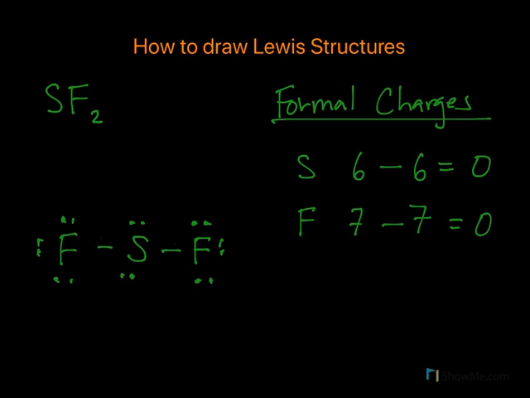Okay, so now remember, taking a more detailed look at this, in each of these bonds there are 2 electrons. The atom on the right is contributing this electron, and the atom on the left is contributing that electron.